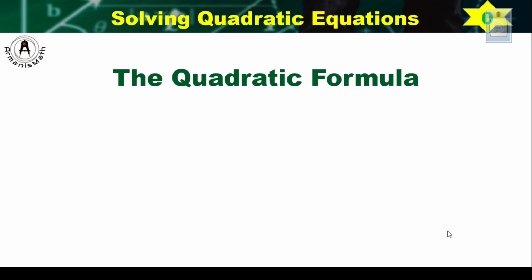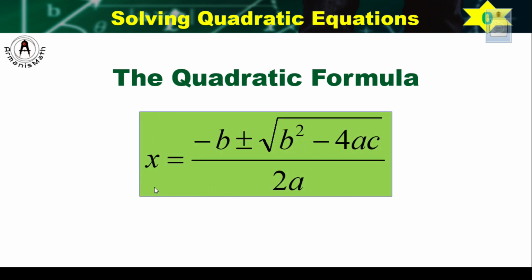Last but not least, the quadratic formula. This is the fourth method that we could use to solve quadratics, okay? If you guys remember the ABC, don't forget the ABC, because next time you're going to sing with me.